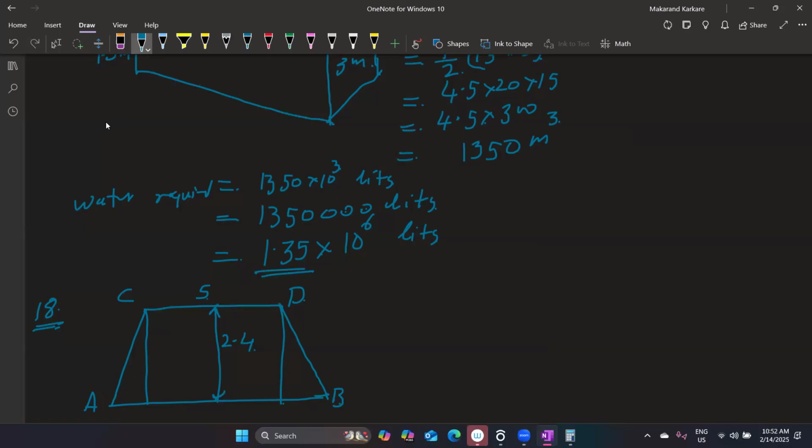AB is 7 and AM is equal to BN. So that means this must be 1 and 1, right?